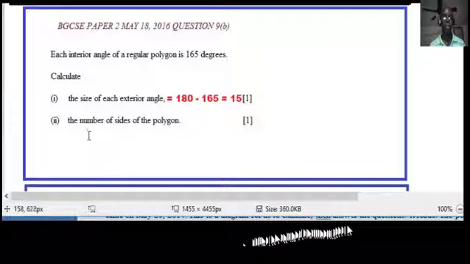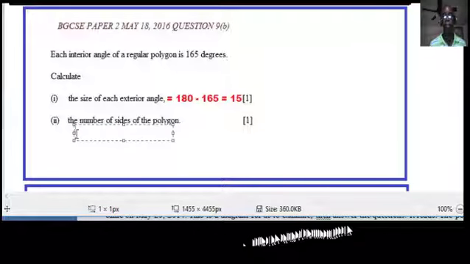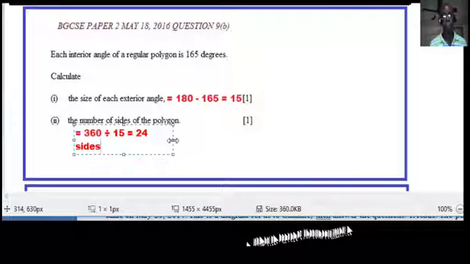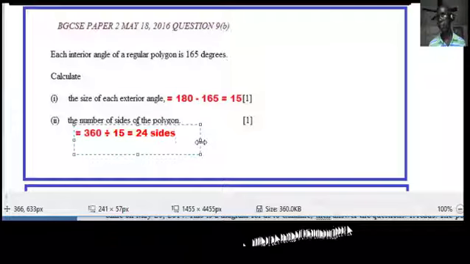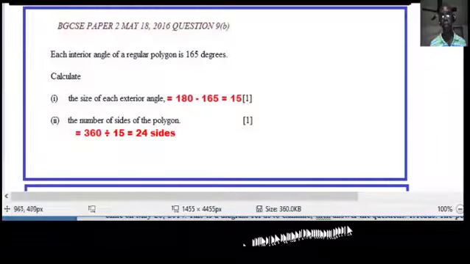Since we know that each exterior angle of this polygon measures 15 degrees, we can easily find the number of sides by dividing 360 degrees by 15 degrees. This gives the result 24 sides.